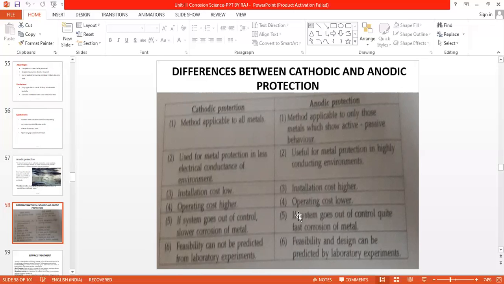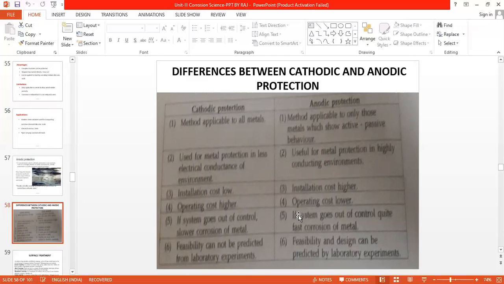Installation cost of the cathodic protection is less, whereas installation cost of the anodic protection is higher. Here, the operating cost is higher for cathodic protection, whereas operating cost is lower for anodic protection. If the system goes out of control in cathodic protection, then there is slower corrosion of the metal.